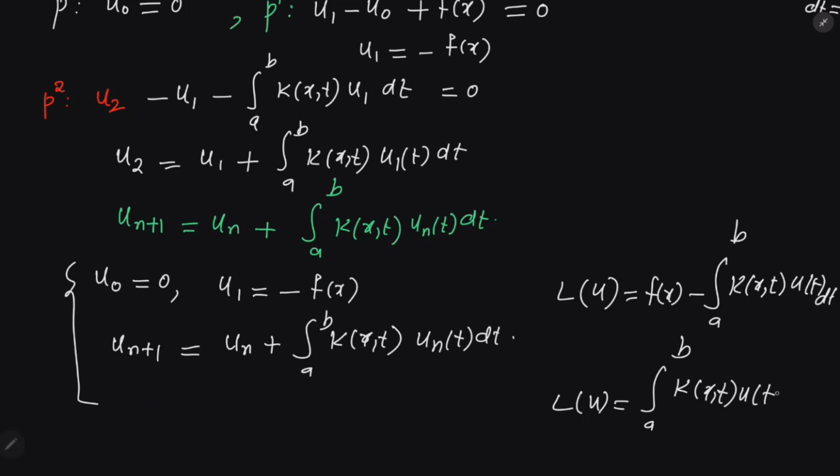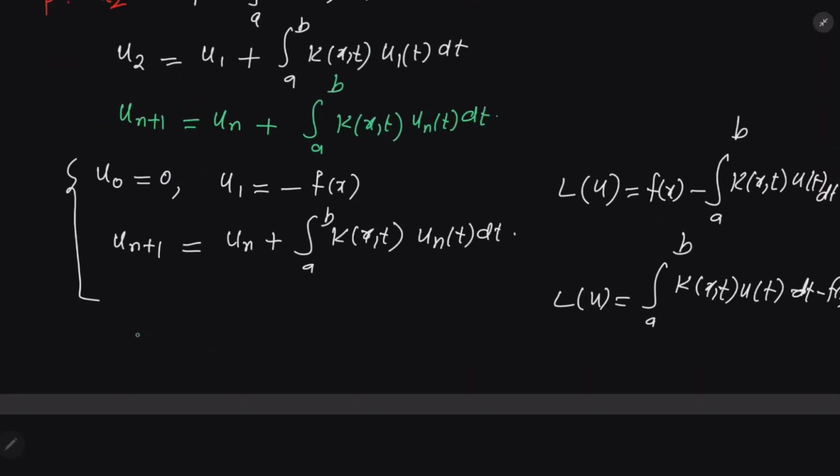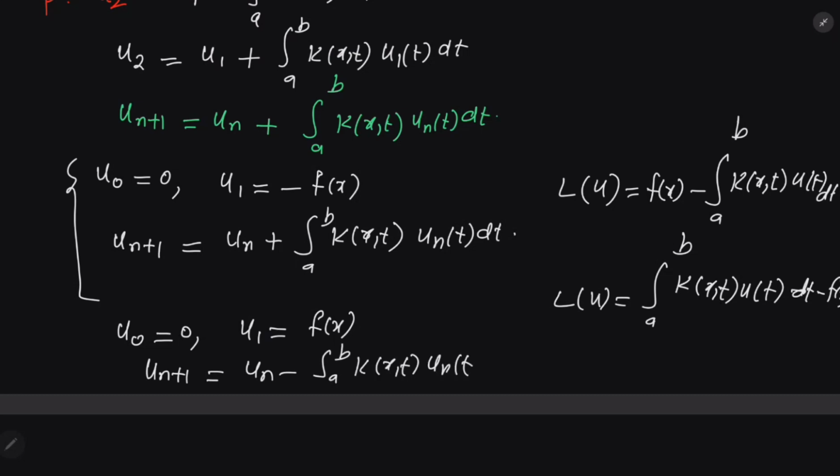In that case, you might get u0 equal to 0, u1 equal to f(x), and u_{n+1} = u_n minus ∫ from a to b k(x,t) u_n(t) dt.